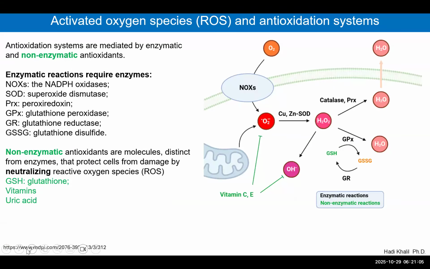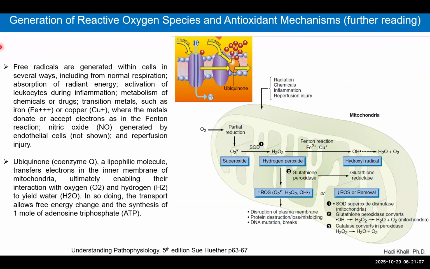Okay. So how reactive oxygen species cause damage of the mitochondria, and what reactions are taking place in terms of removing the superoxide and the hydrogen peroxide. You can go to the book, pages 63 to 67. I took this figure from there. Some of the text is written here for you because we already discussed this before.